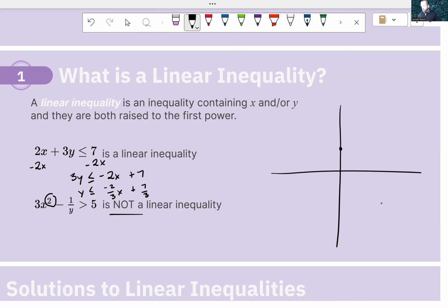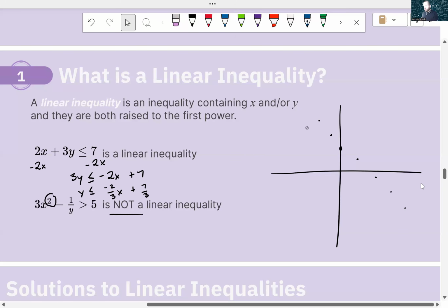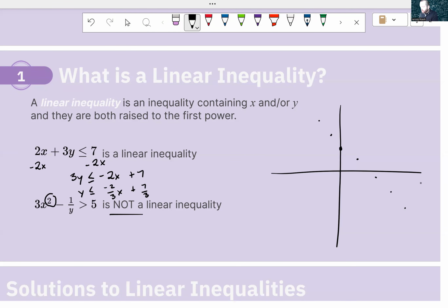So let's say that's 7 over 3. We're going to go down 2 over 3 for our slope. And again, you can graph this on Desmos, but I just want to show you what the graphing software is doing when we're graphing this. So negative 2/3 x means we're going down 2 over 3.